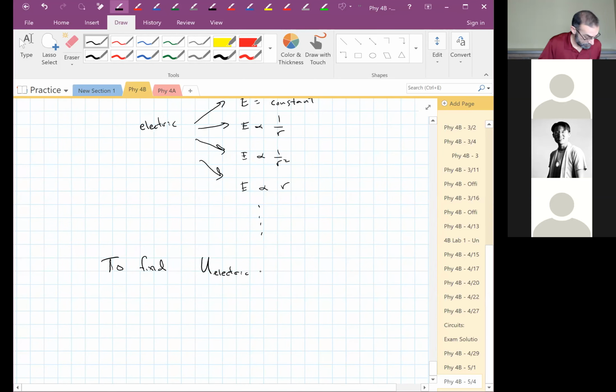Well, we use the fact that the work done is minus change in potential energy, and the work done is minus Q delta V. That's the work done by the field.